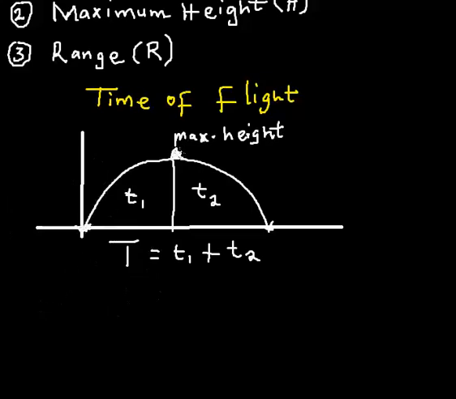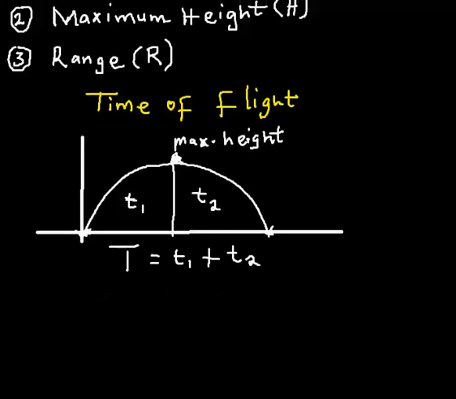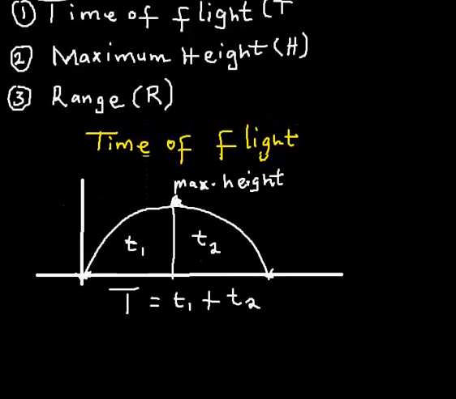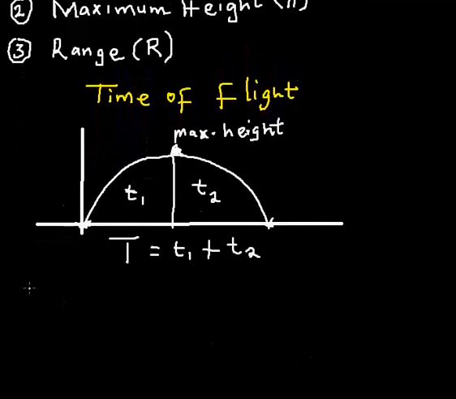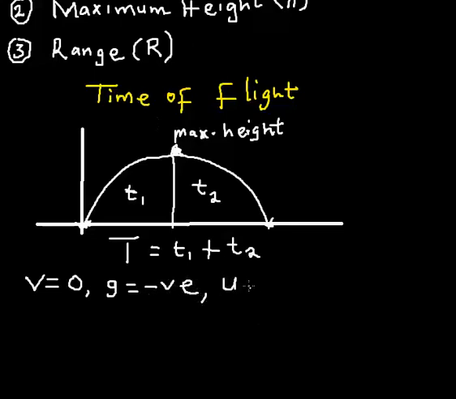The very first thing, you need to write the parameters, because we are still going to apply the equation of motion under gravity here. Know very well that the final velocity at maximum height is 0. My gravity is definitely going to be negative, because I'm going against gravity. My u is going to be the velocity of the projectile, which has two components, but I only need one component.